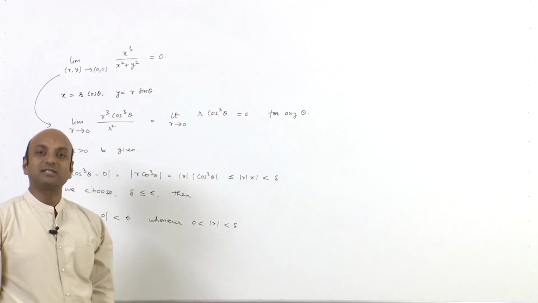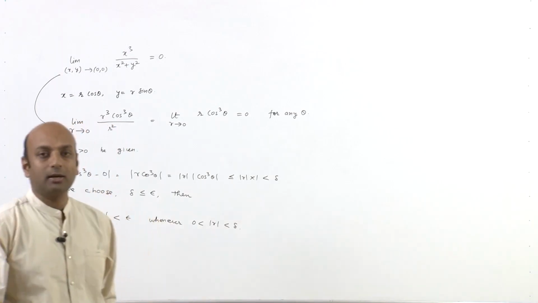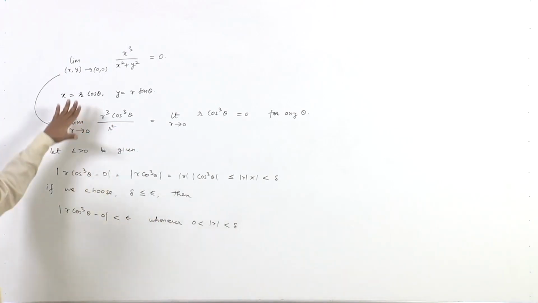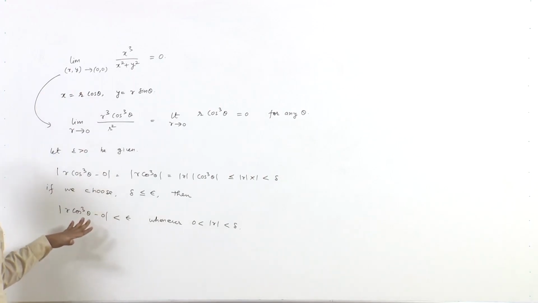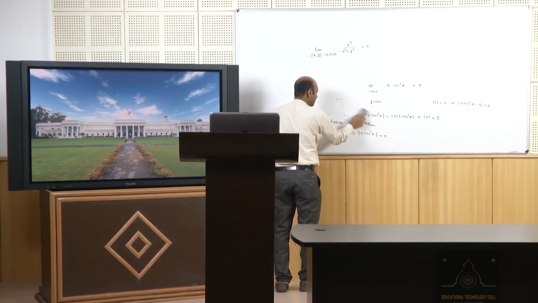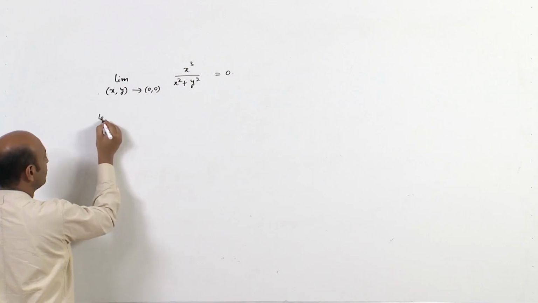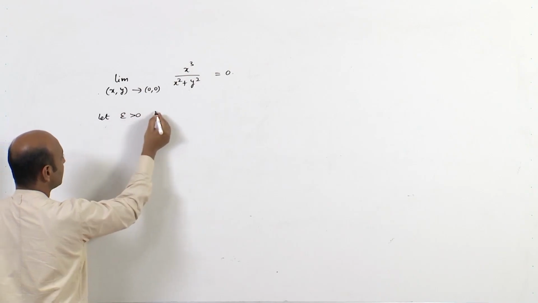Now, the same can also be proved by the usual delta epsilon definition without converting this into polar coordinates. If we want to prove this result without using polar coordinates, then also we can do that. Let epsilon greater than 0 be given.